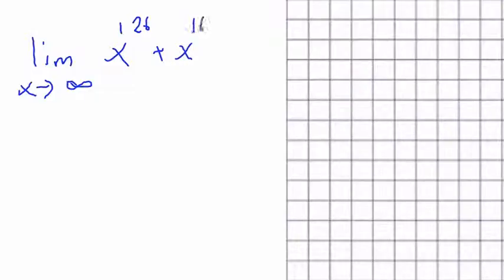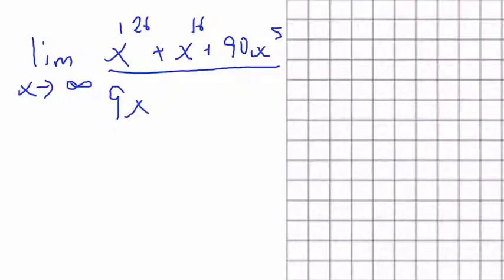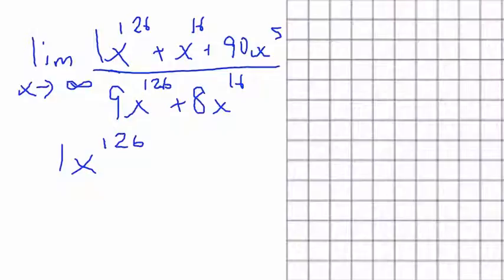If we were to do another example, the limit as x approaches infinity of x to the 126th plus x to the 16th plus 90x to the 5th over, let's make it 9x to the 126th plus 8x to the 16th, then the highest power on the top is 1x to the 126th, and the highest power on the bottom is 9x to the 126th.